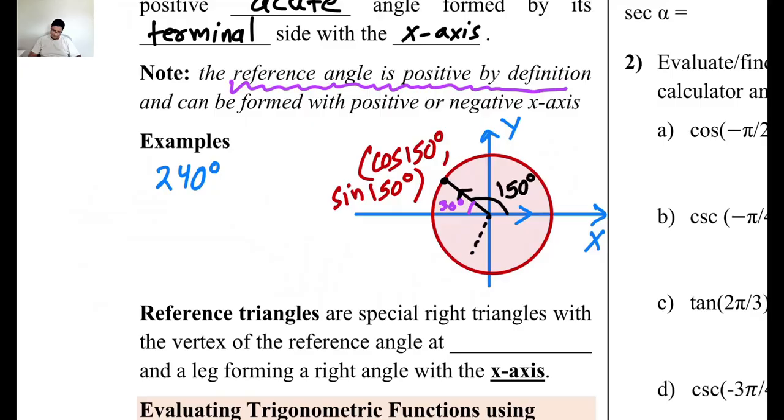240 degree. I'm doing dotted lines to make it less cluttered now. Okay, that's 240 degree, 180 plus 60, right? So that tells you this 60 degree here is your reference angle.